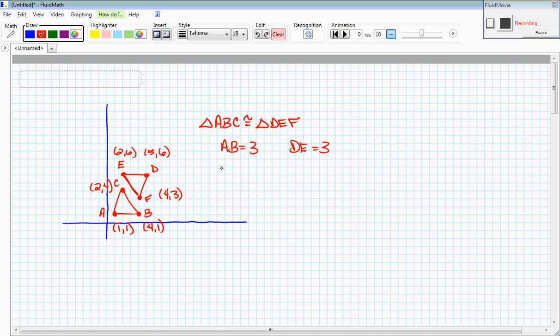Now, B to C, we are going to have to use the distance formula. And the distance formula is x2 minus x1 squared plus y2 minus y1 squared.